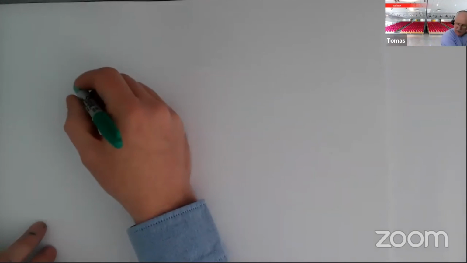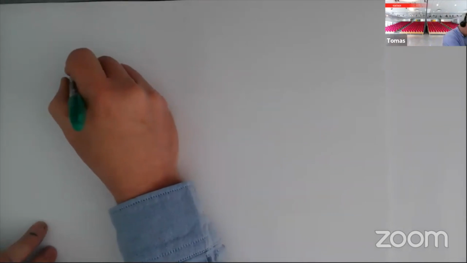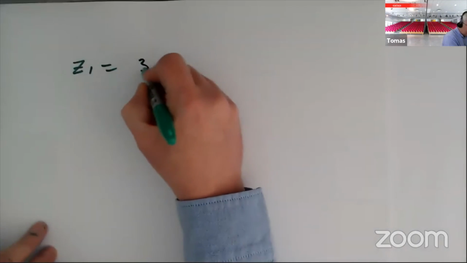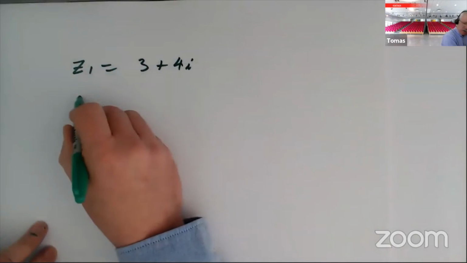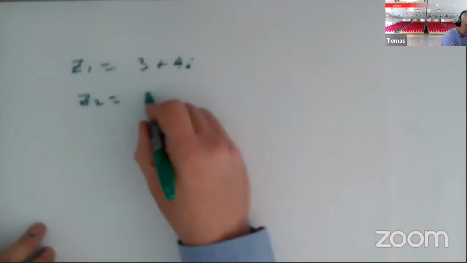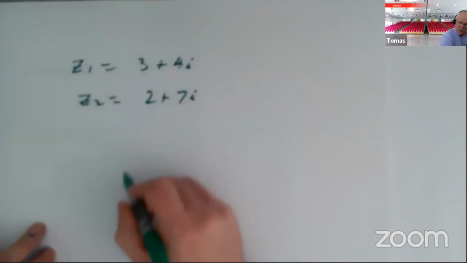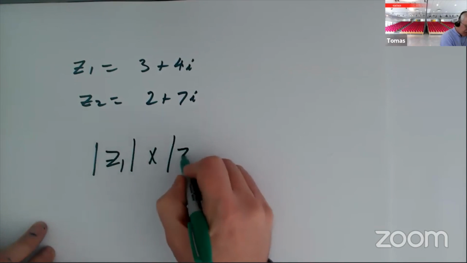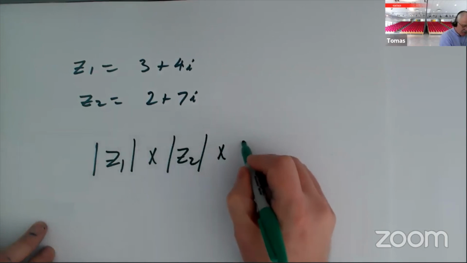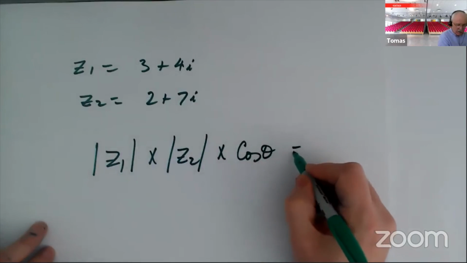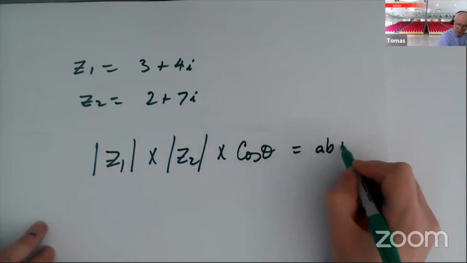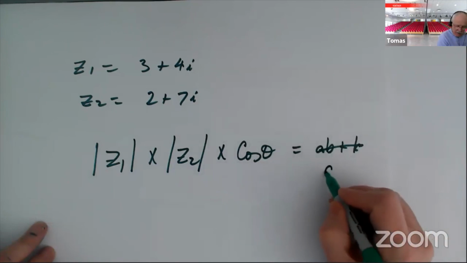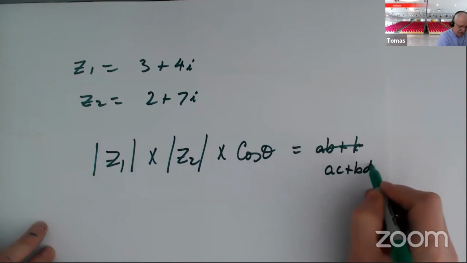The last question was, you're given a number Z1 equal to some value, let's say 3 plus 4i, and Z2 equal to 2 plus 7i. And the question was, is Z1 times Z2 times cosine theta equal to AC plus BD?